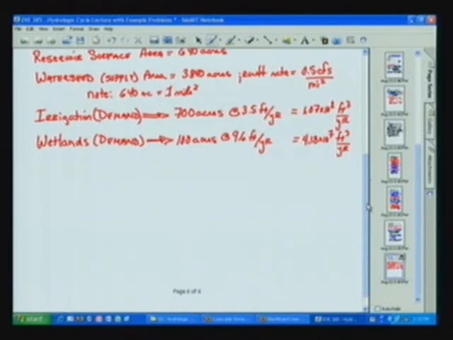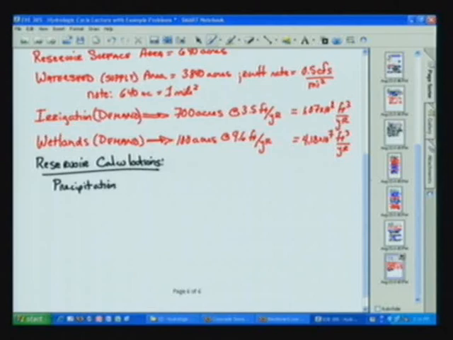Our reservoir calculations: precipitation, which is an inflow or supply, is 20 inches per year times, we've got a foot in every 12 inches.